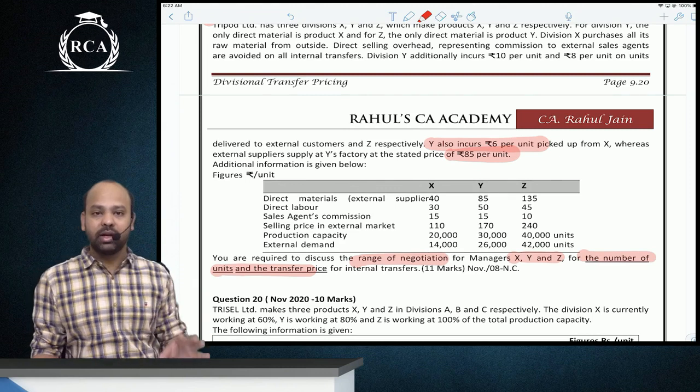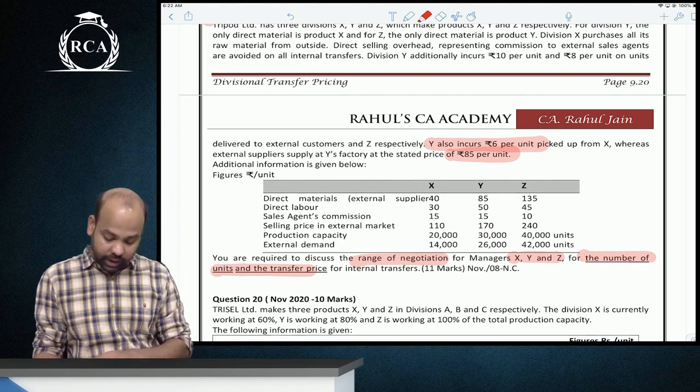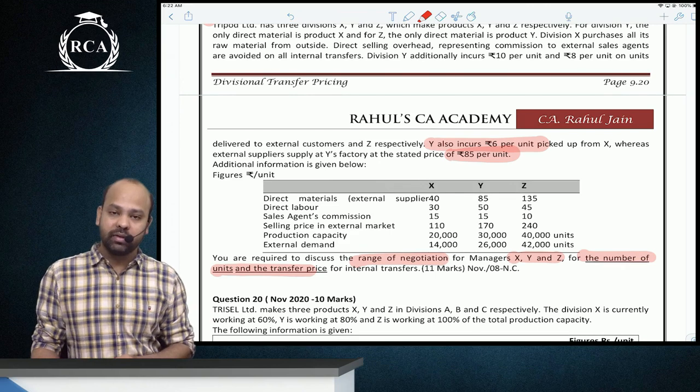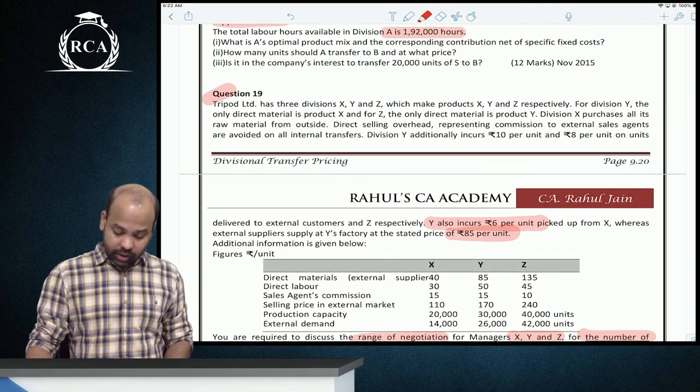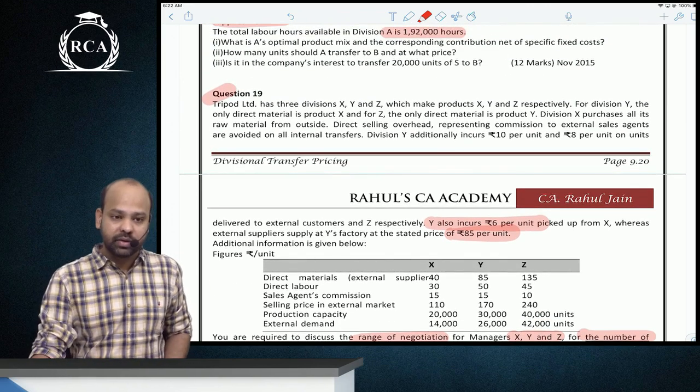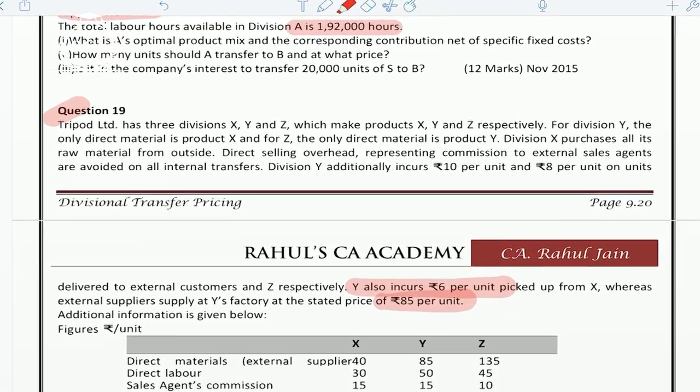We will go one step at a time. First, we will talk about X and Y. Then we will move to Y and Z. So read the question, guys. They are all similar questions. Read the question for a minute. Try to understand the entire question.